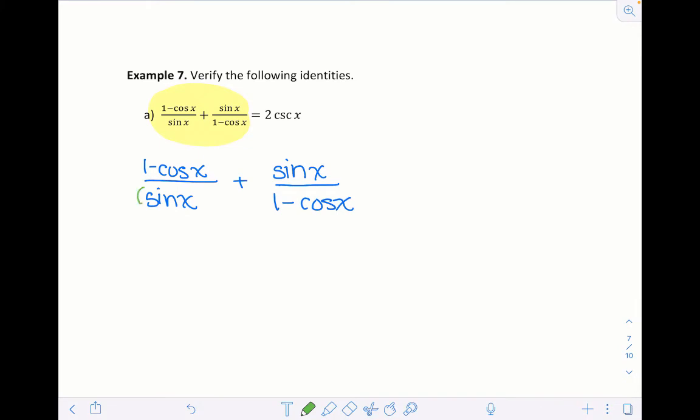So to get a common denominator here, I look at the denominators, they're not the same. So basically to get a common denominator, I could just multiply by the other denominator. So the first fraction we could multiply by 1 minus cosine x over 1 minus cosine x. The second fraction we could multiply by sine of x over sine of x.